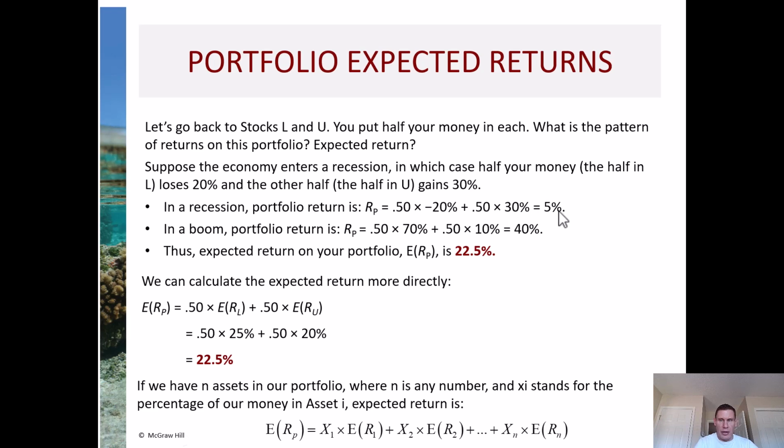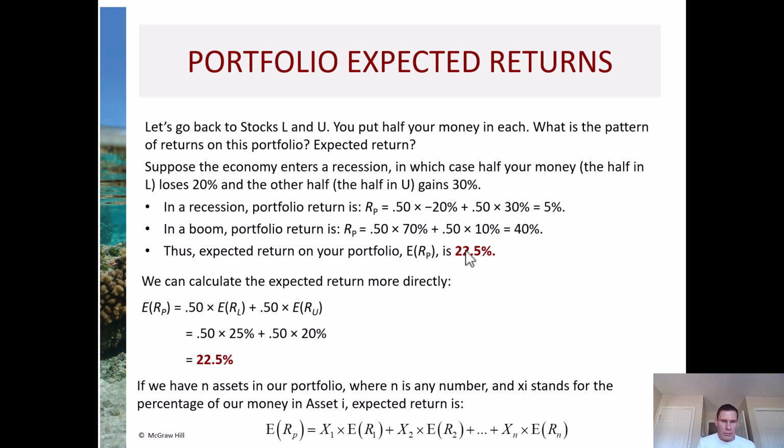So the portfolio return is 5%. If we have a boom, the portfolio return is 0.5 times 70%, plus the 0.5 times 10% for stock L and U respectively. So in a boom, it's 40%. Thus, the expected return on your portfolio, if we weight it out, is 22.5%.